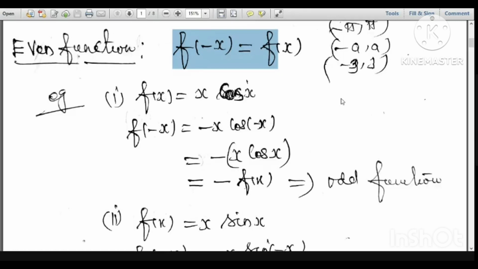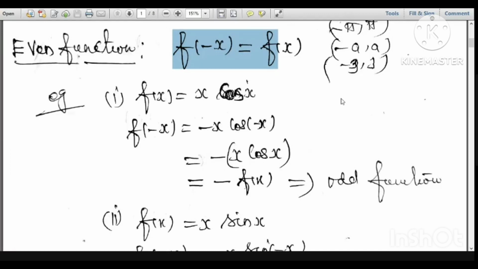So what is the cos of minus theta? Always cos of minus theta is equal to cos theta. That is even function. So minus x cos of minus x. Cos of minus x can be written as cos x. So minus x cos x.